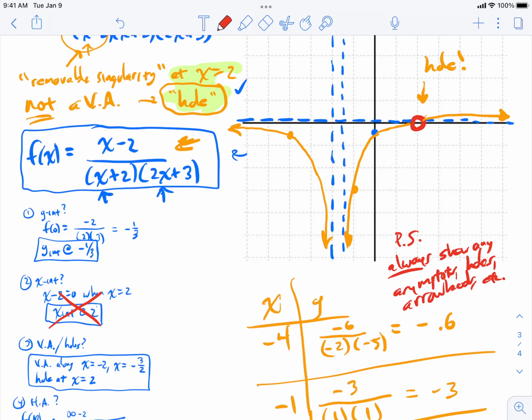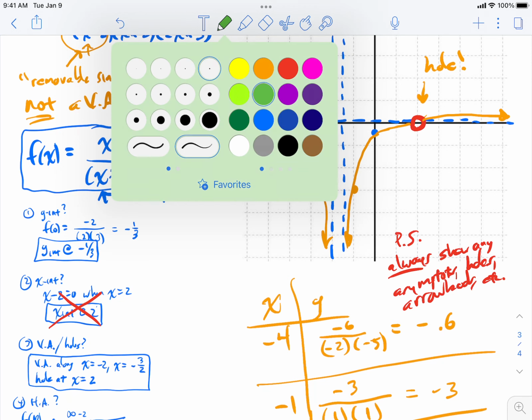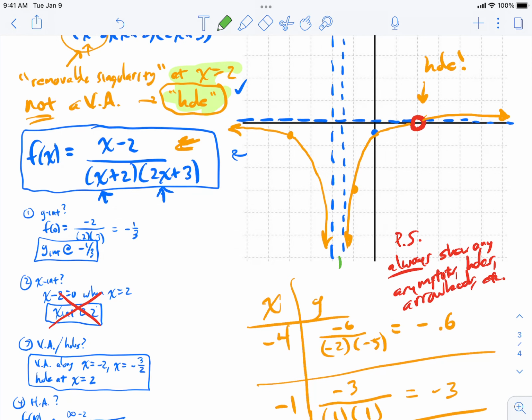Now, lest you think we're done, we still don't know what's going on in between the 2 asymptotes. So this is why I was going, those asymptotes are awfully close. We're going to have to plug in something here. That's between negative 1.5 and 2. How about if I plug in a negative 1.75?